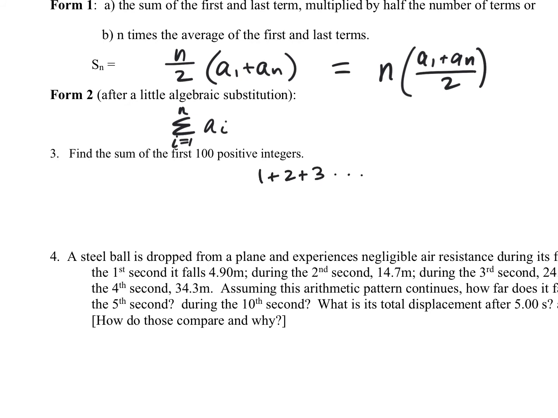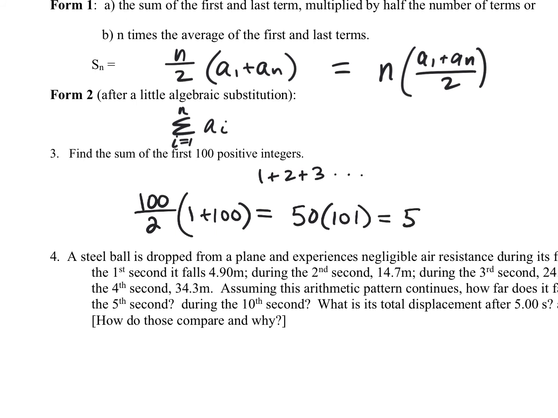Rather than going through that process, we can use our formula. We can take the number of terms, 100, divided by 2, times the sum of the first and last term in the sequence. This will be 50 times 101, or 5,050.